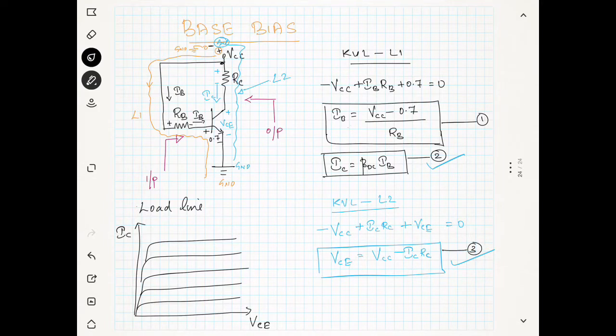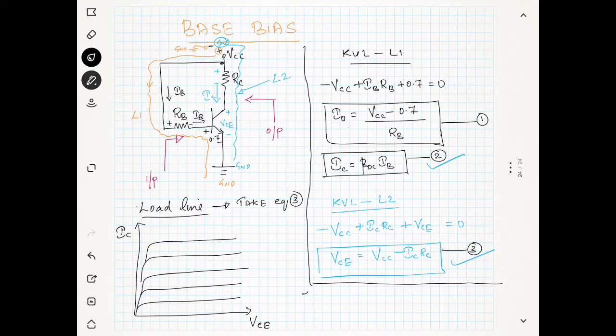Now for the load line, we will take equation 3.